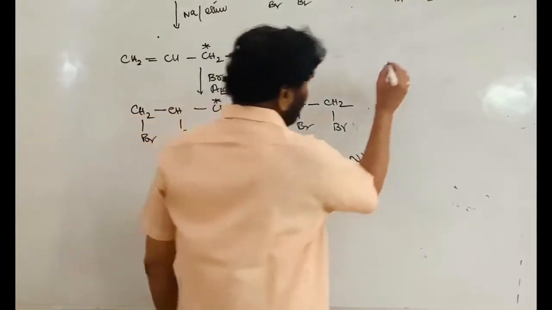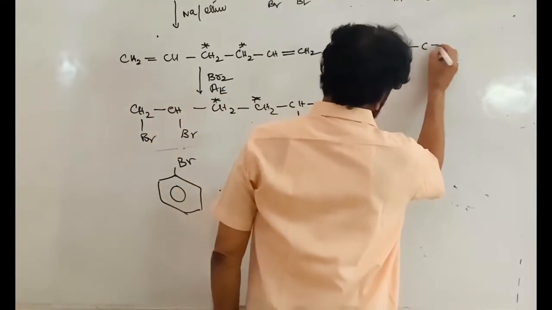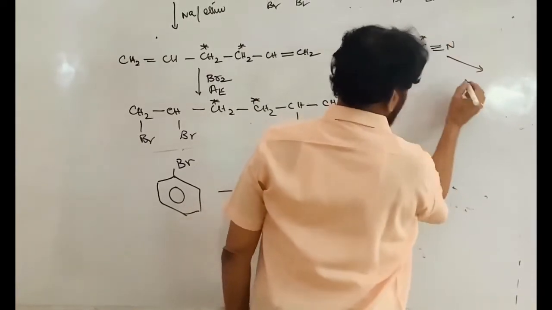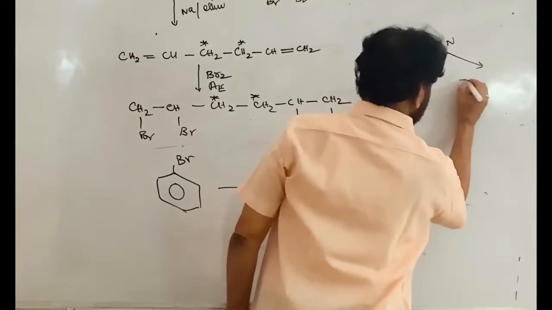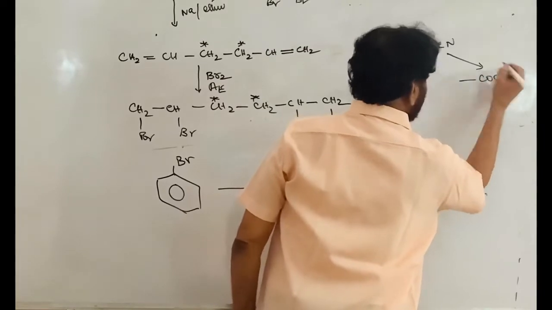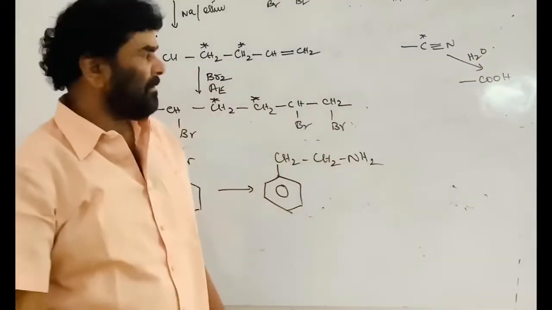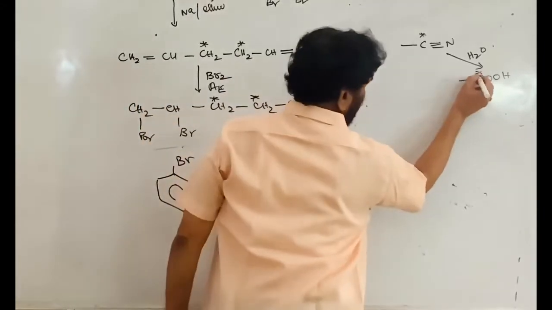The advantage is that if there is a cyanide group, you can introduce it at this star carbon. You can convert it into COOH just by giving water. Easy to hydrolyze. This is a star carbon.